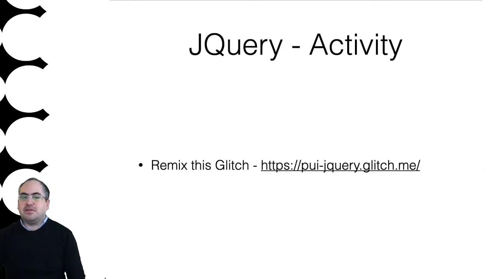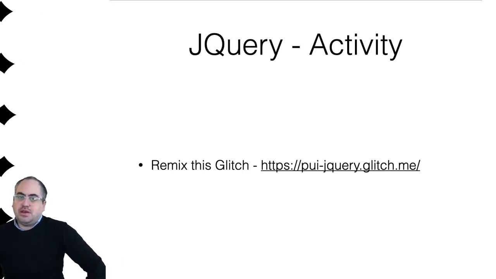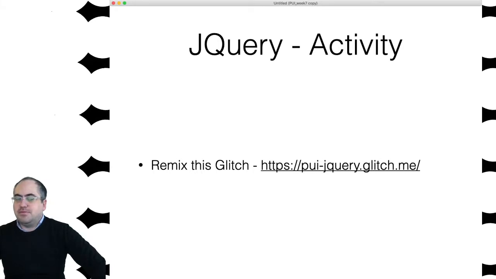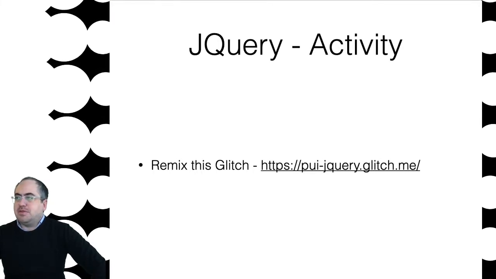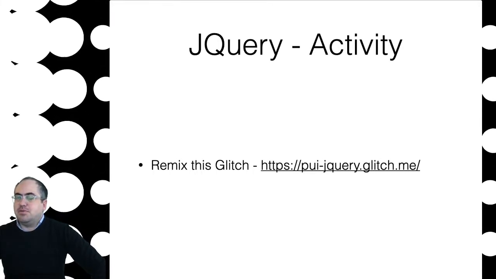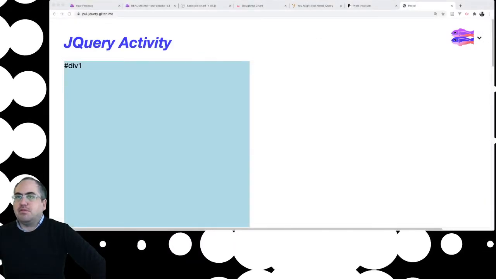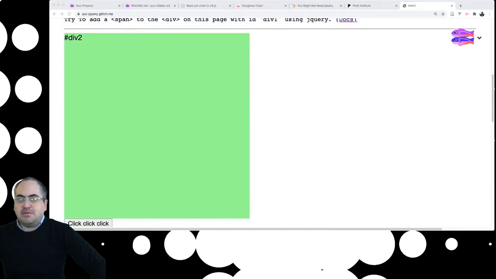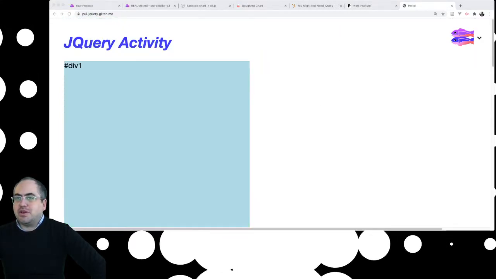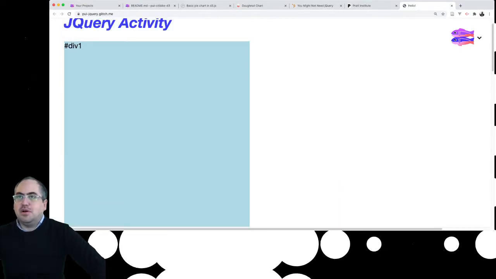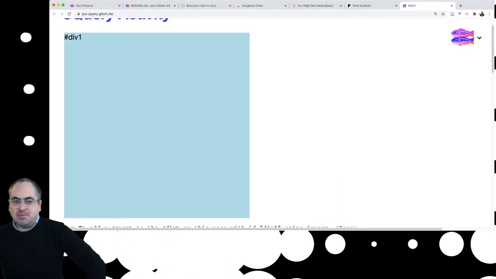So to give some examples of this, we're going to do an activity using a Glitch and some challenges here. This Glitch has a number of divs that are little activities for each one. The first one, we're going to try to add a span to this div using jQuery, which is a very common activity.